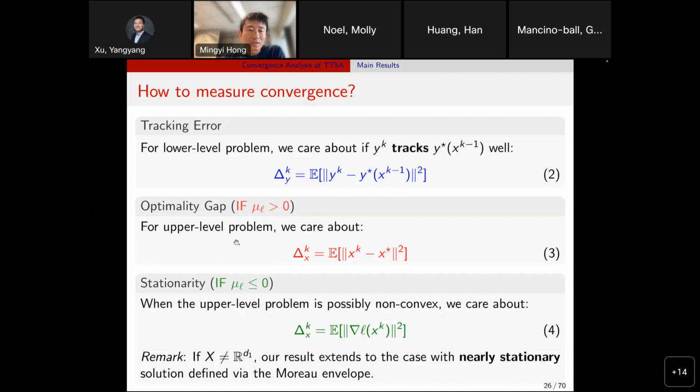And if we assume the problem is convex, then we use this delta xk to measure the closeness of the upper level iterates to the optimal solution. If the problem is not strongly convex, we'll just use the size of the full gradient to estimate the progress of the outer level problem.